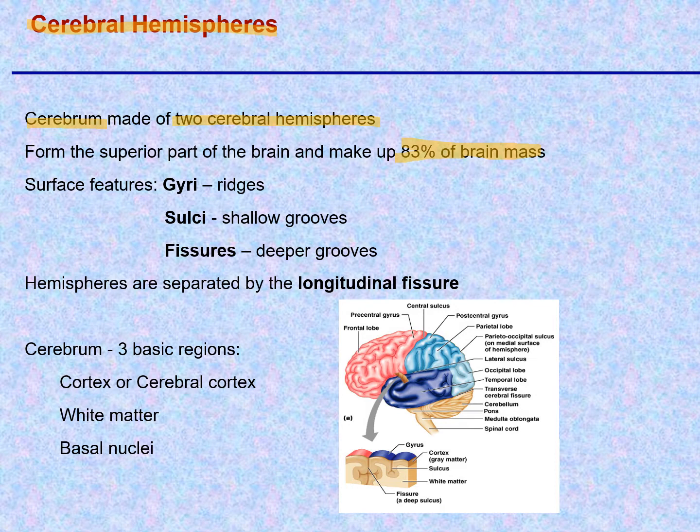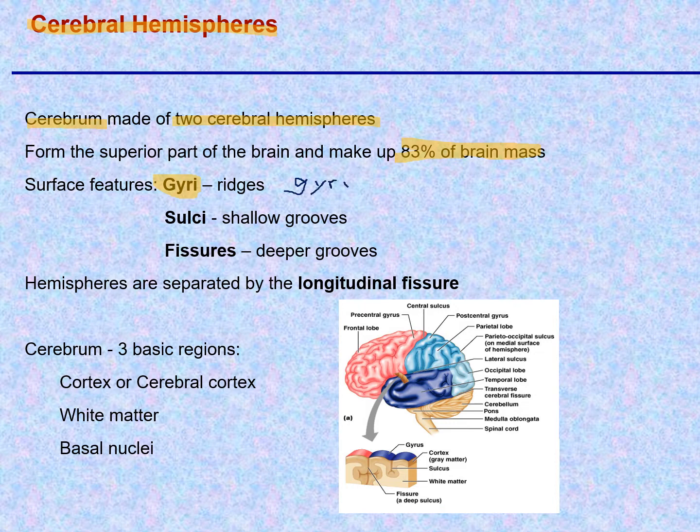The surface of the brain, as I mentioned earlier, has a lot of these ridges, and between them these grooves. Now a single ridge is called a gyrus, and multiple ridges are called gyri. Okay, so a single would be a gyrus. Let's see if I can write it here.